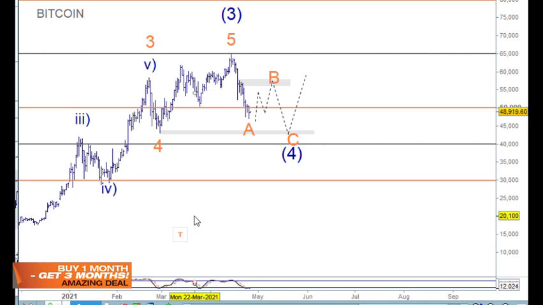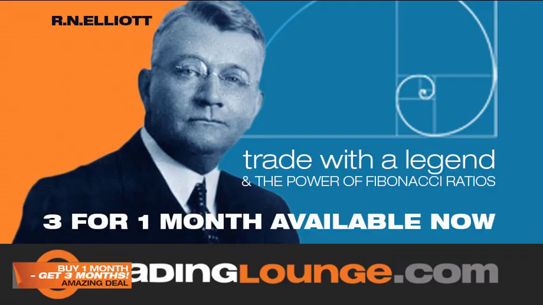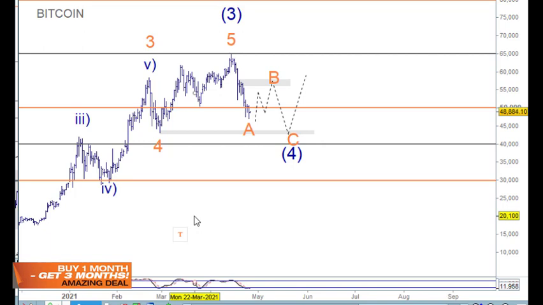But with 50,000 as support, that would be helpful for traders trying to get from 50,000 to 55,000. So there's a $5,000 sort of run in there.